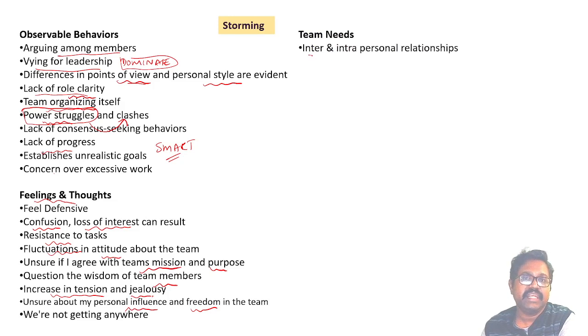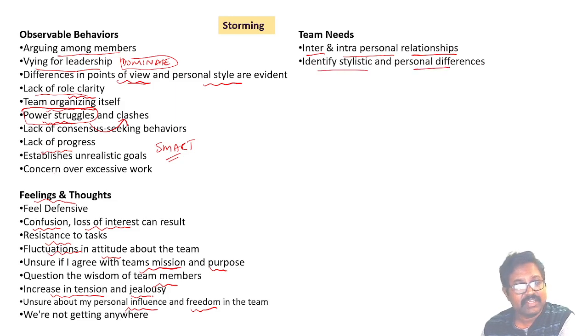Interpersonal and intrapersonal relationships should be developed, and they need to respect each other's individual opinion, and they need to identify the stylistic and personal differences that exist between the groups and within the groups, and respect each other's personalities.